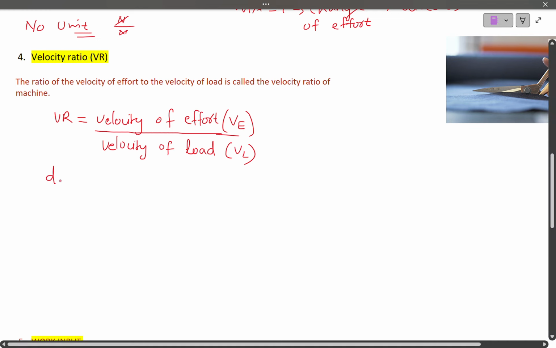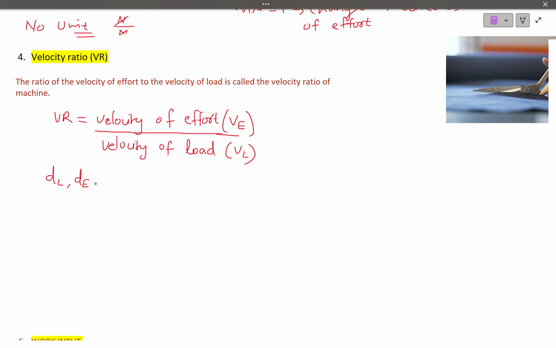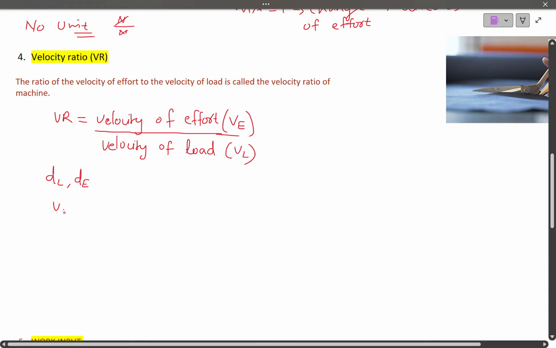If dL and dE are the distances moved in the same time t by the load and effort, then velocity of load VL we can write as dL by t.